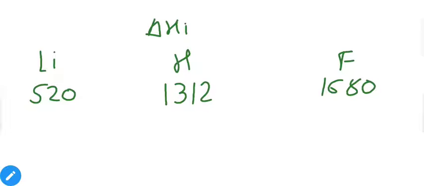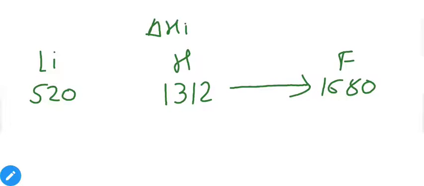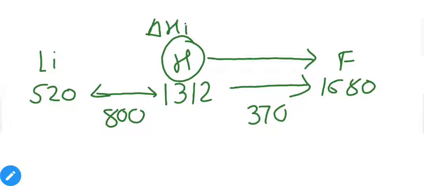So as we can see, on the basis of ionization enthalpy, the difference between hydrogen and fluorine is around 370, whereas between hydrogen and lithium it is nearly 800 kilojoules. So hydrogen is comparatively closer to fluorine in behavior, and that's why we see hydrogen floating between the elements.